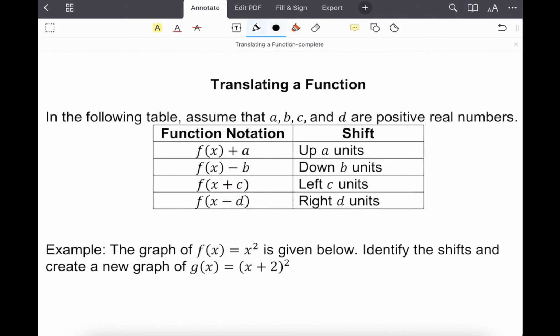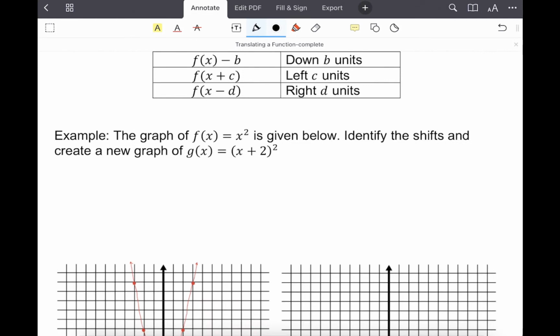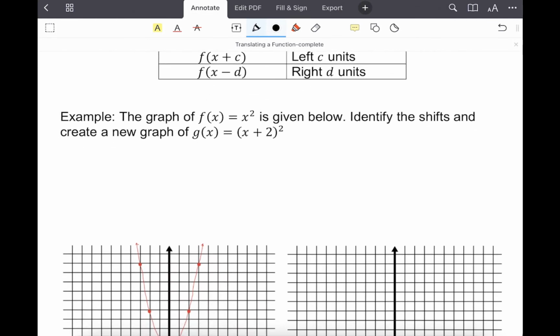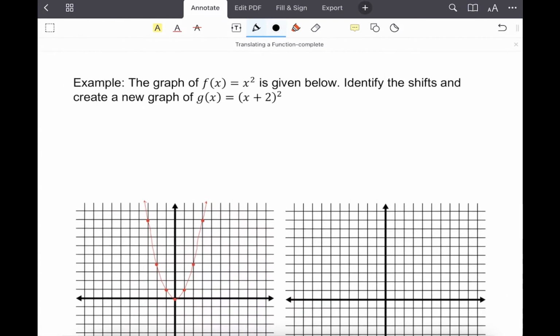Looking at this first example, it says the graph of f of x equals x squared is shown below. Identify the shifts and create a new graph, which is g of x equals x plus 2 squared.